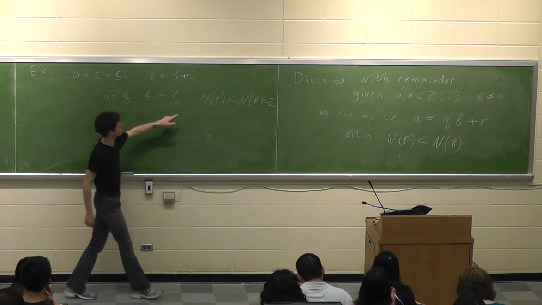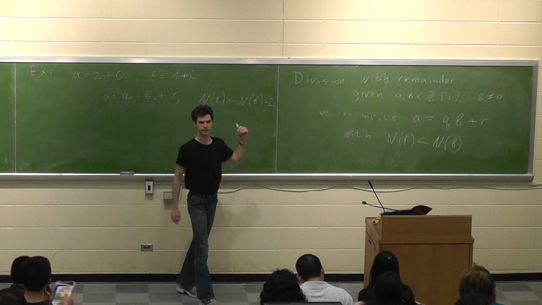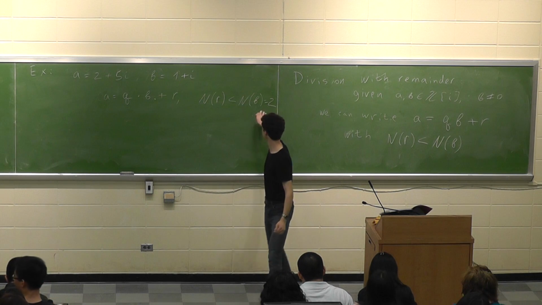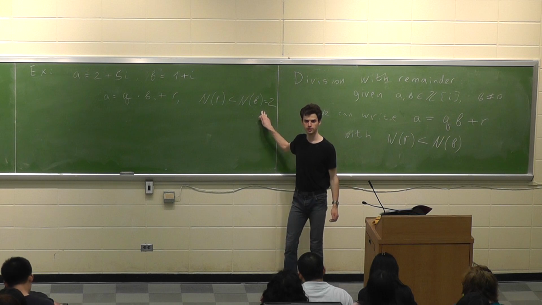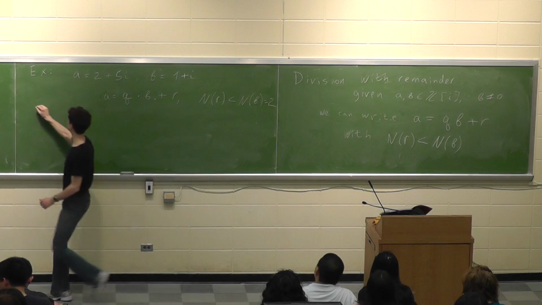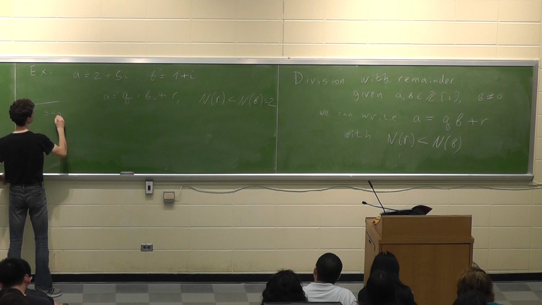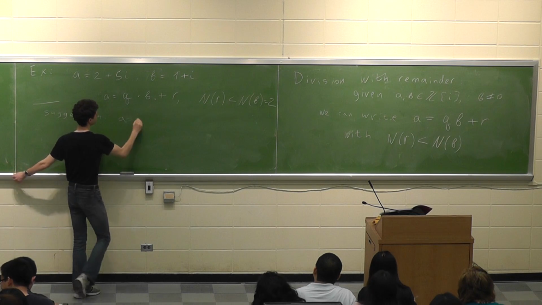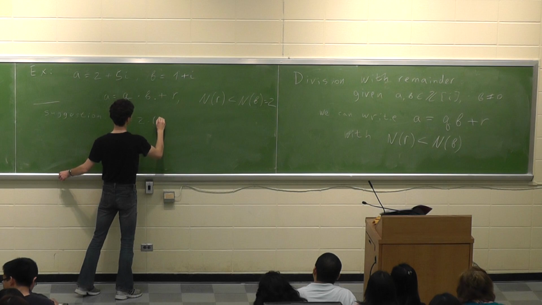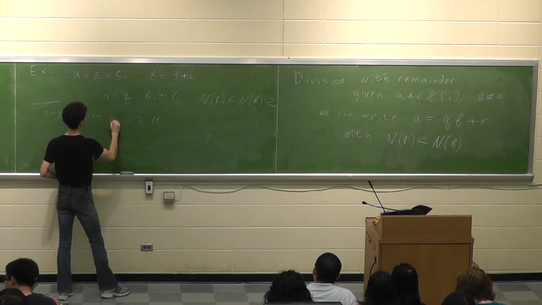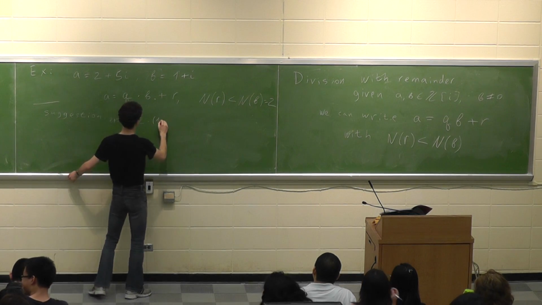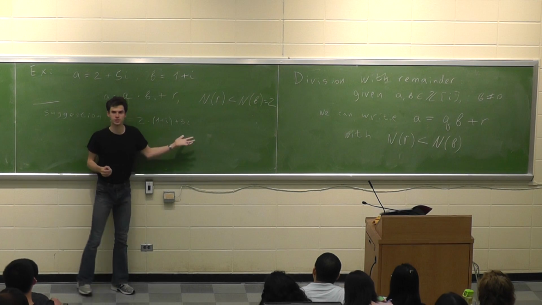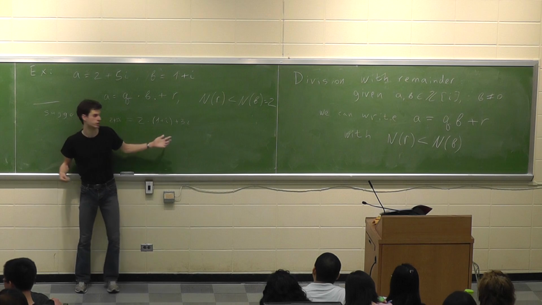Okay, and then 3i, what is the norm of 3i? It's 9. So it's too large, right? So the suggestion was A is 2 times (1 plus i) plus 3i, but the problem is this is not the remainder, it's too large.